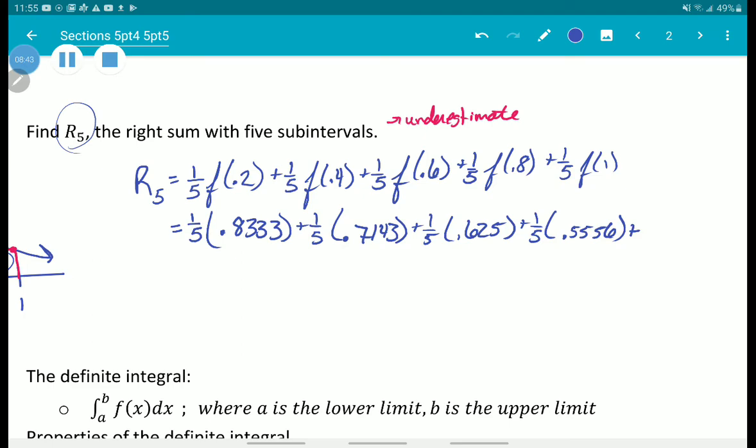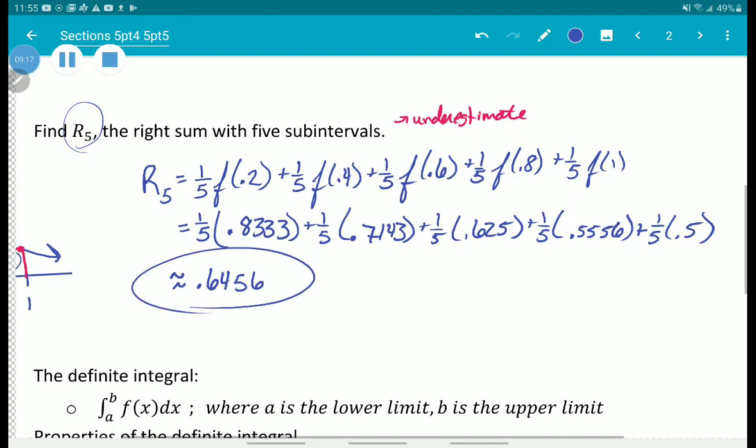And then when we plug in 1, we get 0.5. So when I plug this into my calculator, I get about 0.6456. Okay, remember that underestimates the area under the curve.